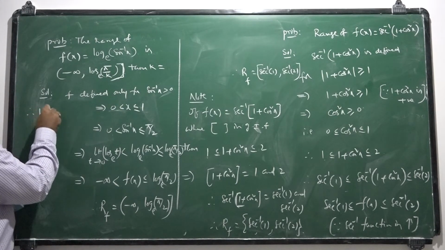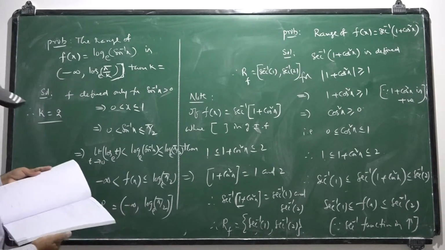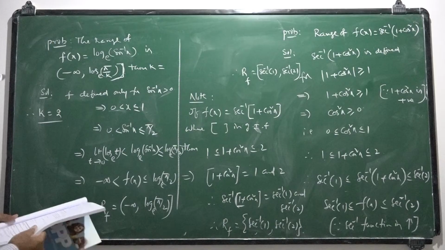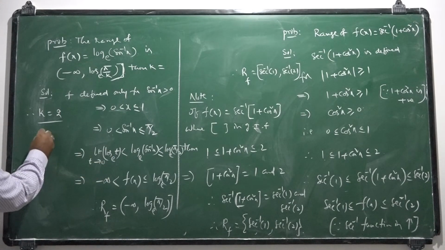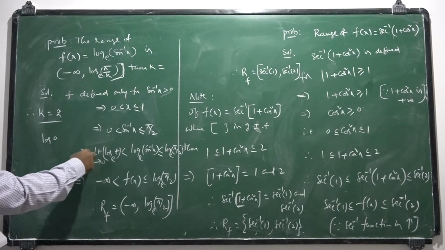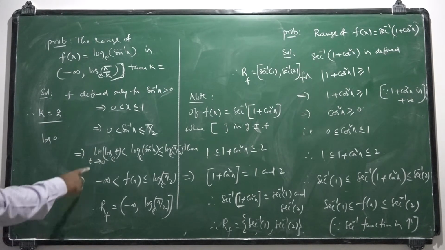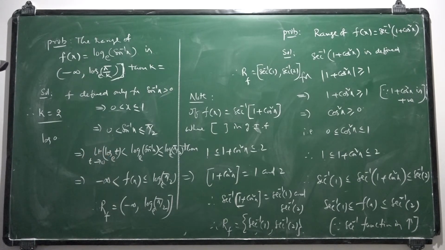Hence k takes the value 2 itself. This concept is important. You cannot directly take log of 0. That's why I am using the limit concept: limit t goes to 0, log t to the base e means log 0 itself.